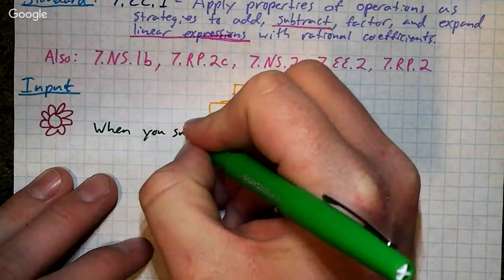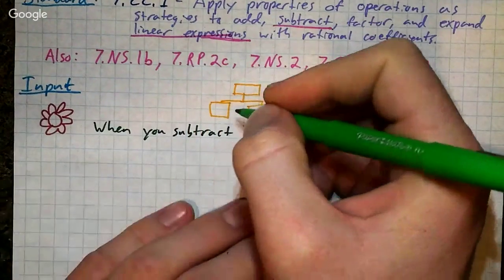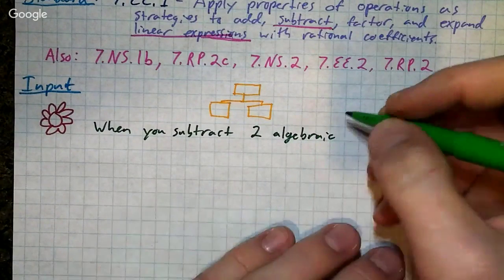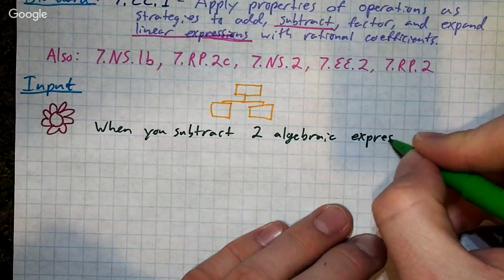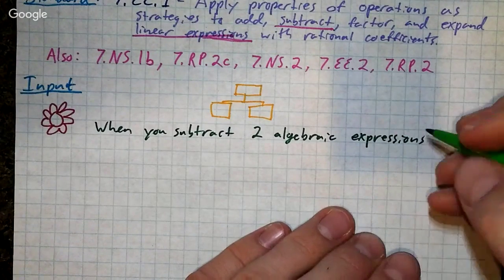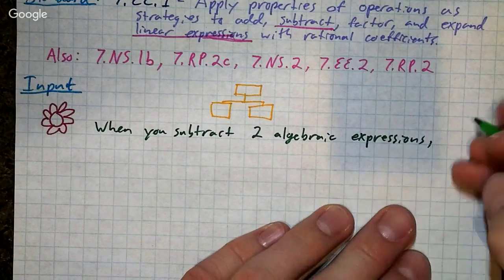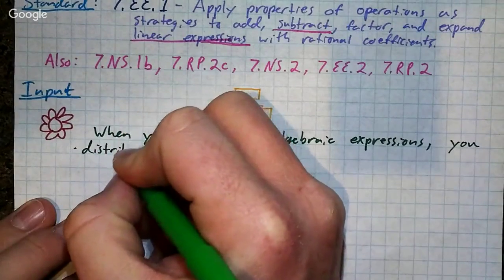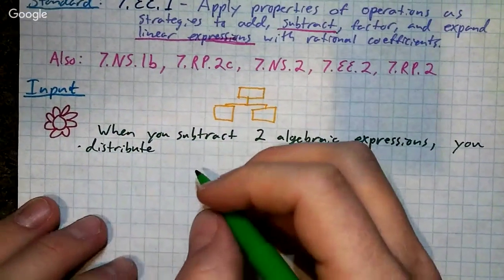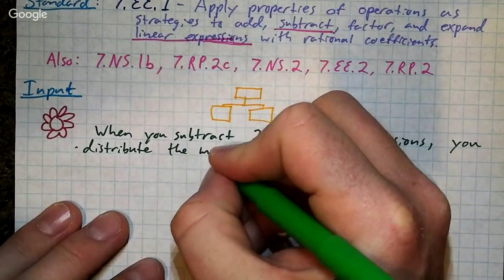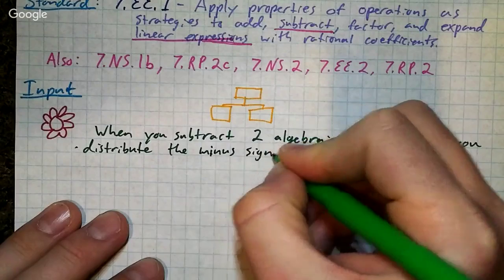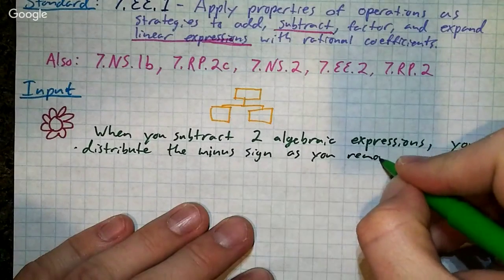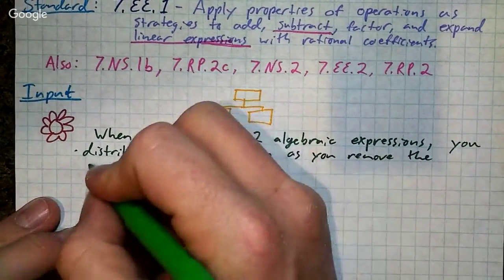When you subtract two algebraic expressions, you distribute the minus sign as you remove the parentheses.